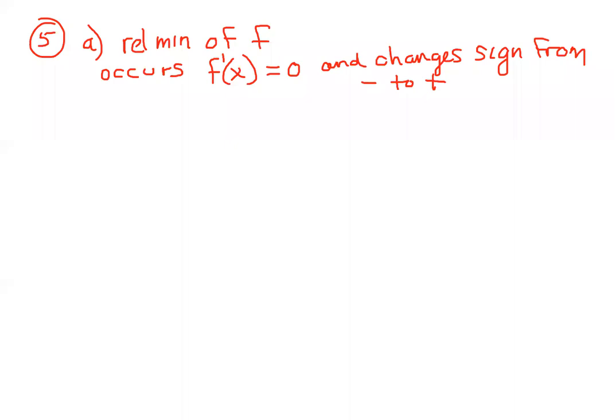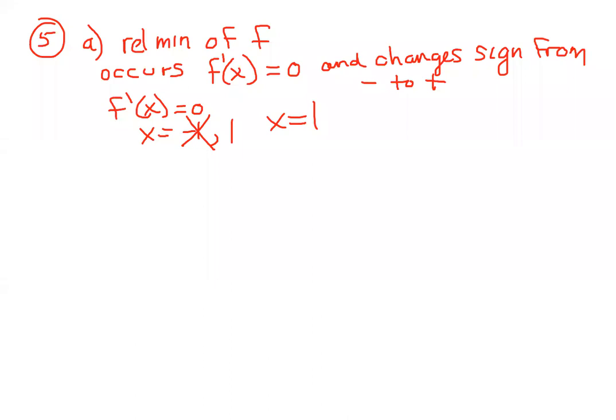If you look up there, f prime equals 0 at x equals -1 and 1. But at -1, it goes from negative to negative, so it's not that one. So only x equals 1 is the only critical point where it changes from negative to positive. So that's the relative min.